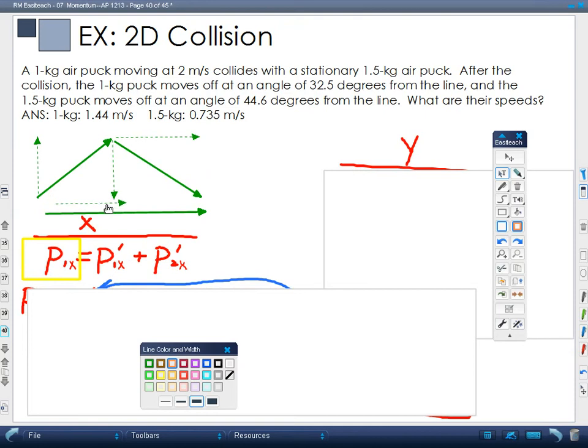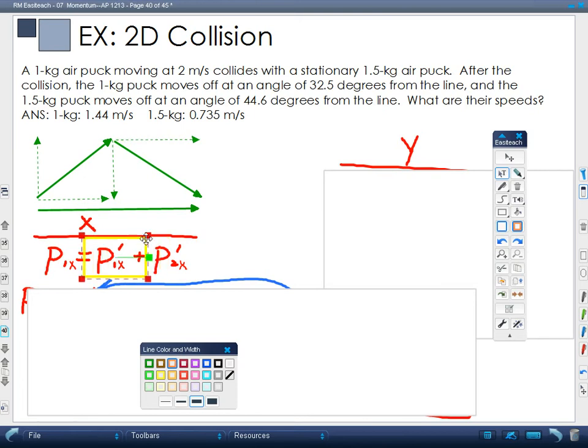So this right here is P1x prime, and this right here is P2x prime. So what this whole equation is saying is that this vector plus this vector equals this vector. It's also just another way of saying the total momentum in the horizontal in the beginning, which is this, equals the total momentum in the horizontal at the end.